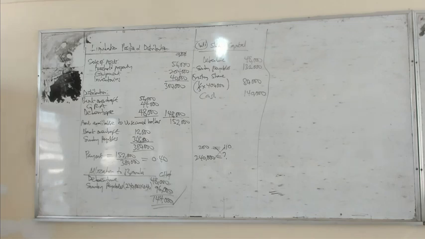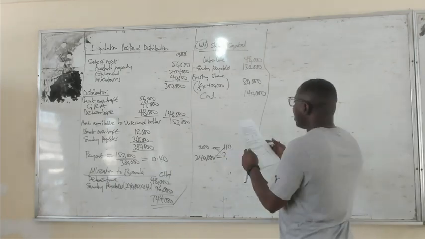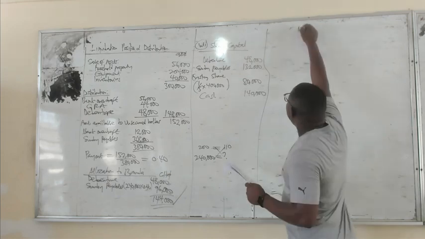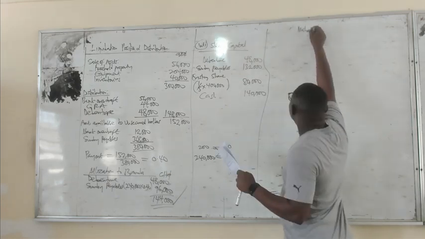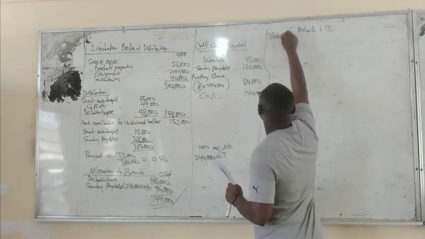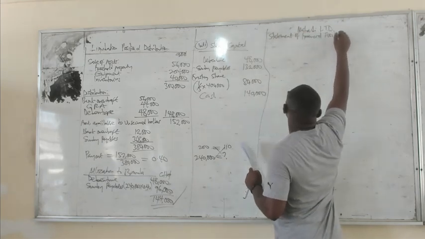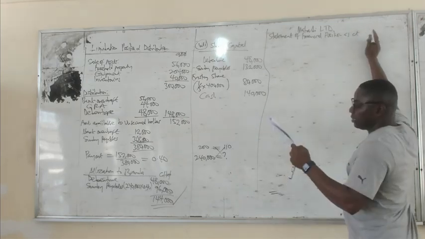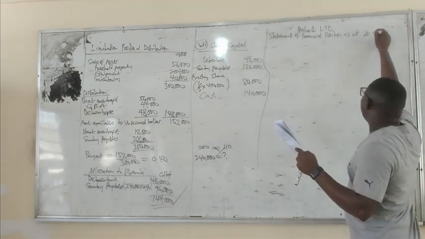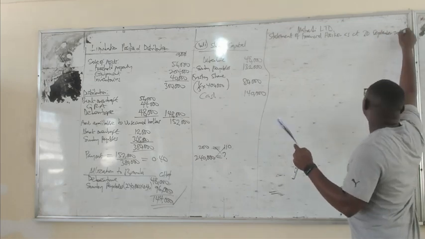We are to prepare, second requirement, a statement of financial position after the reconstruction, that is the proposed Mahadi Ltd statement of financial position as at what date? 30th of September 2019.